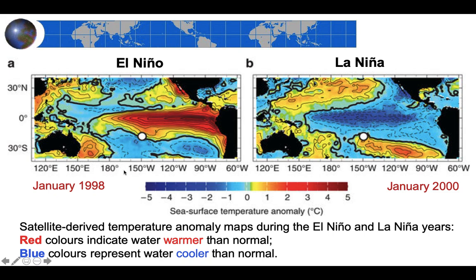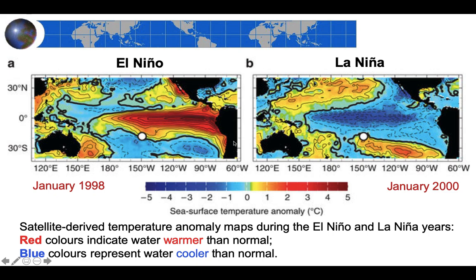You're looking at the map view of the equatorial Pacific Ocean during El Nino in January 1998 and La Nina periods in January 2000.